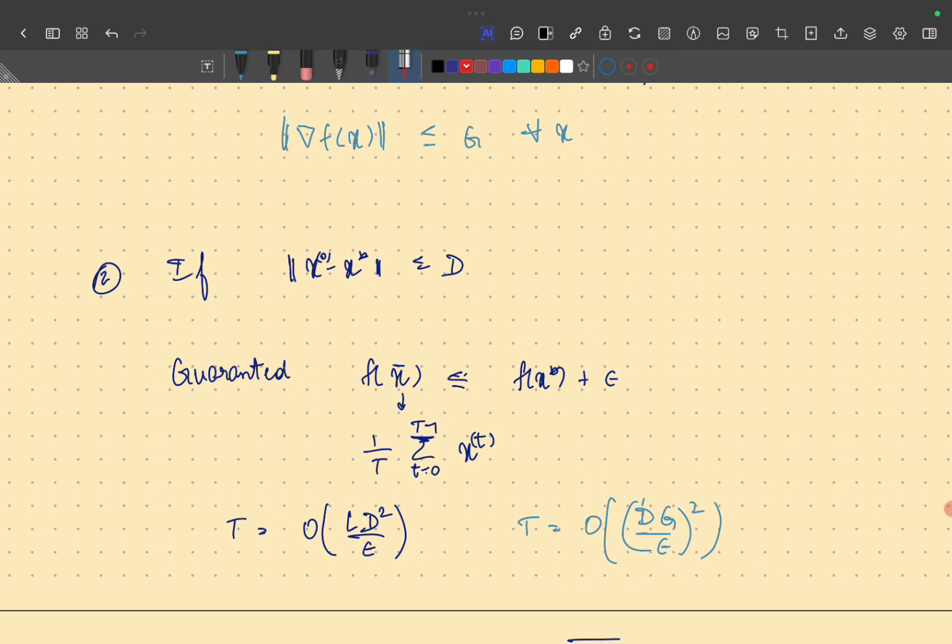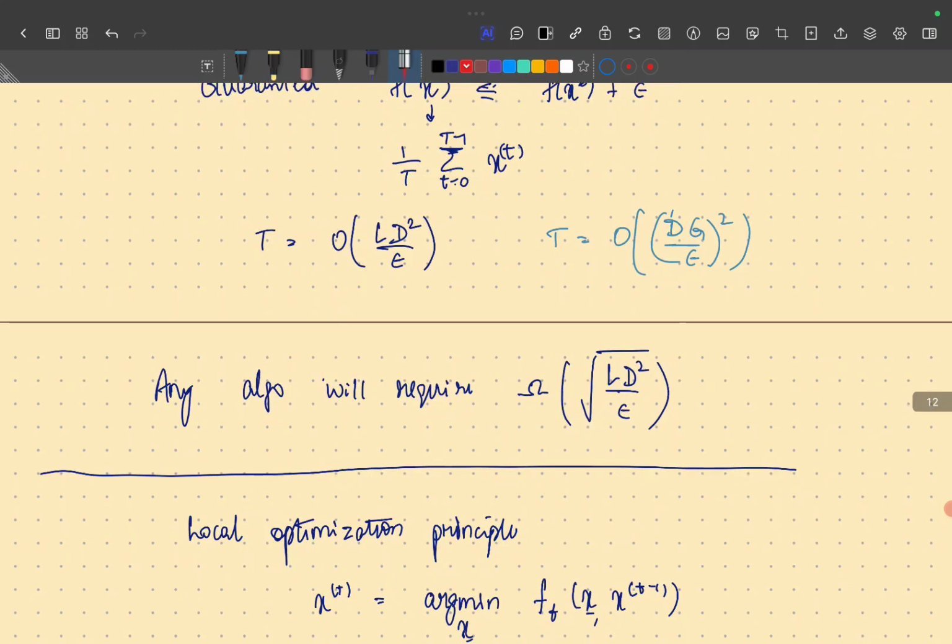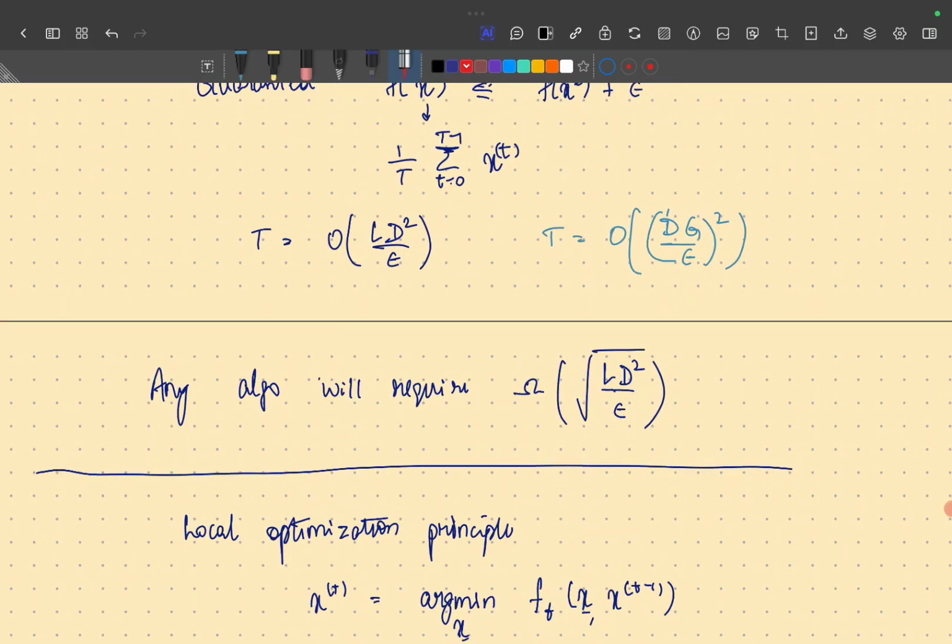So if you want to get epsilon close to the minimum, then the number of steps grows as either order 1 over epsilon or order 1 over epsilon square, depending on what you know about the problem itself.